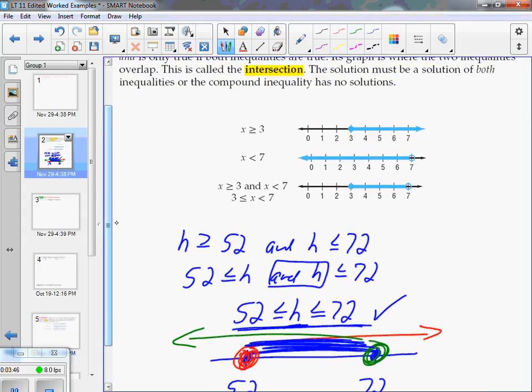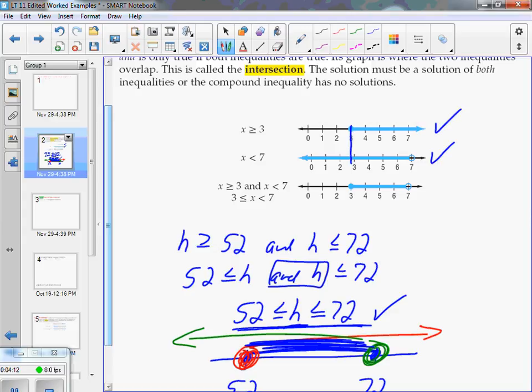Now, where they overlap is called the intersection. You need to know that so that we don't have to keep saying where they overlap. We'll say the intersection. The solution must be a solution of both inequalities. Otherwise, the compound inequality has no solution. Well, let's look at the one they've done there. They graphed x is greater than or equal to 3. They graphed x is less than 7.